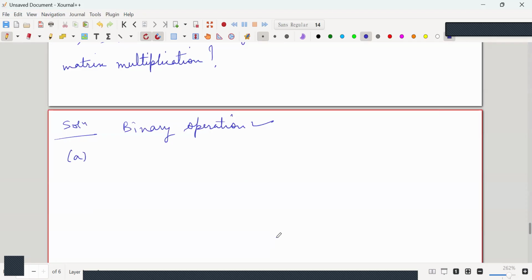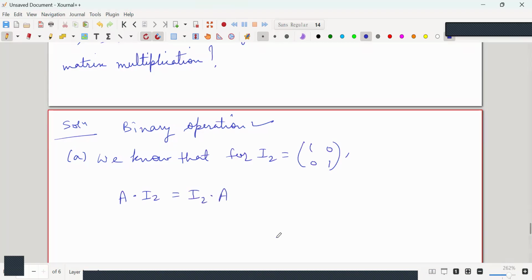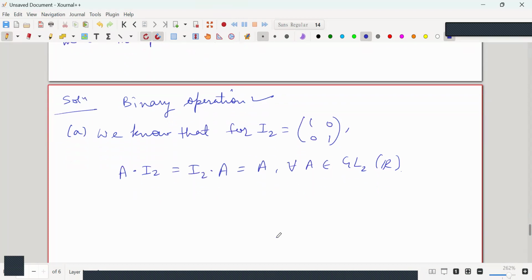So we know that for I2 to be just the identity element, A times I2 is I2 times A, and that is again A for all A belongs to GL2R. And in fact, it happens that this is true for all matrices, so no need to be elements of GL2R.